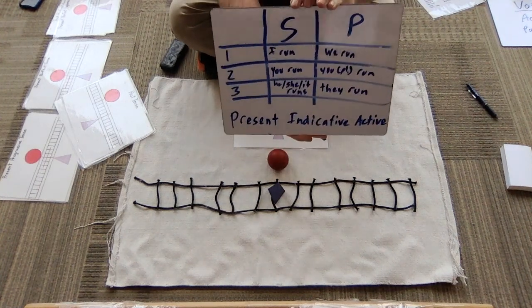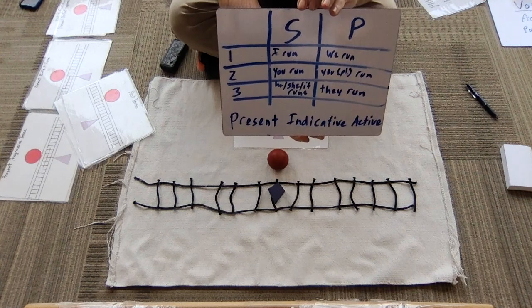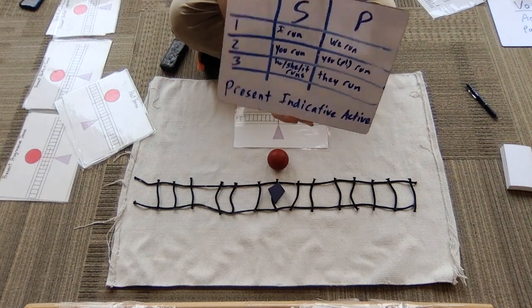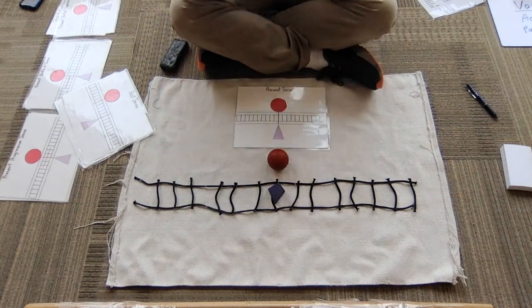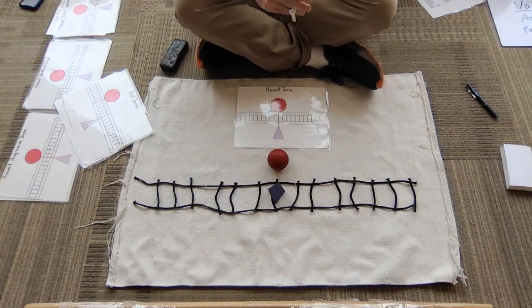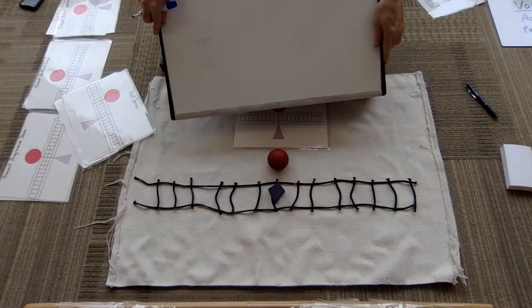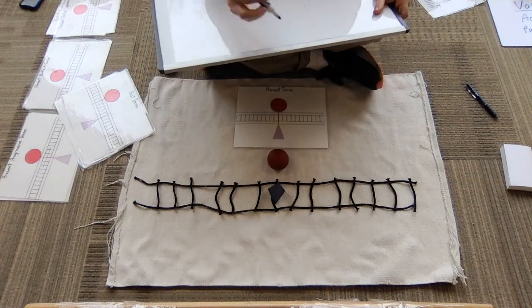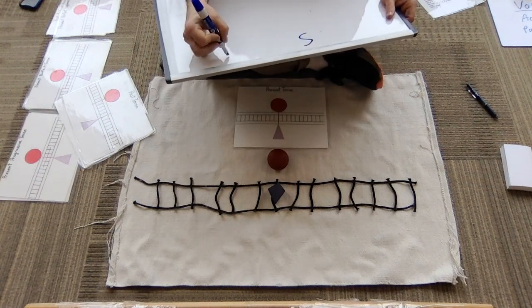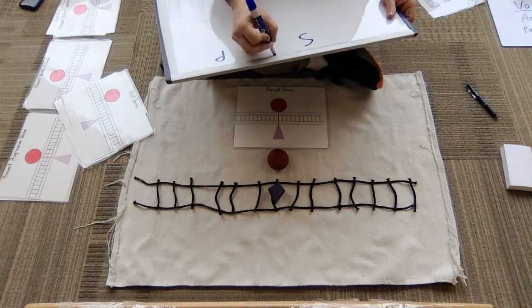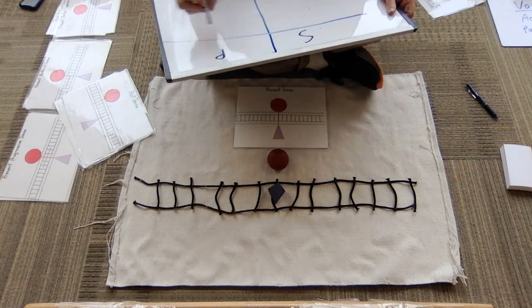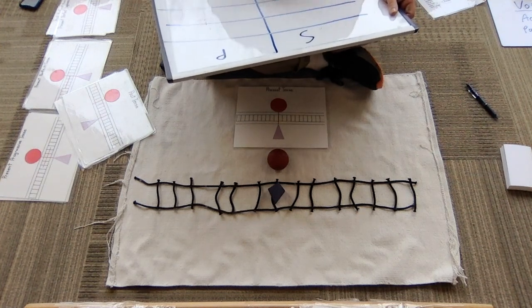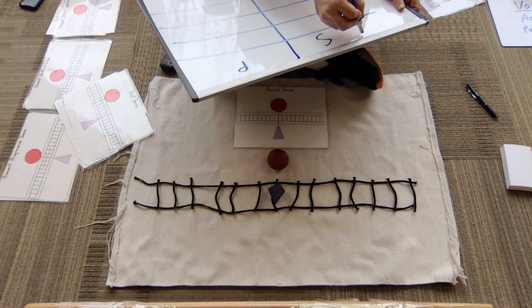This is the present indicative active of the verb to run. And let's switch over to the big one because I do think I'm going to need something a little bit bigger. Yes, this is going to be much better for my purposes.